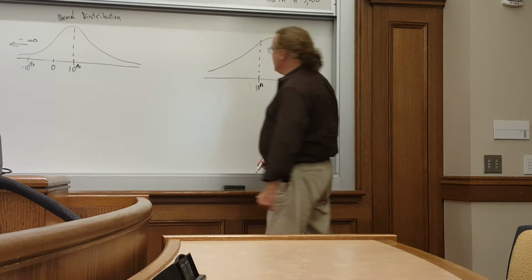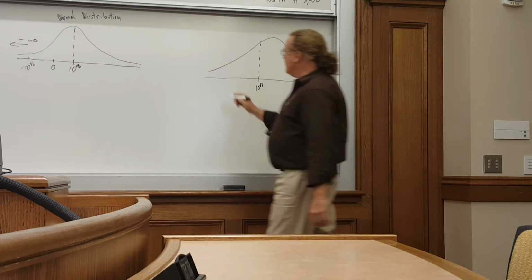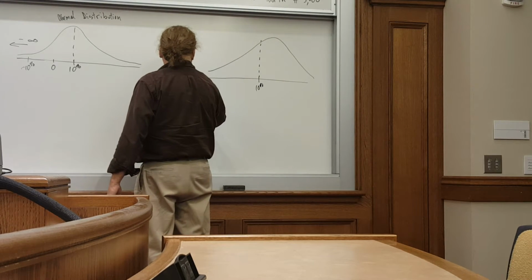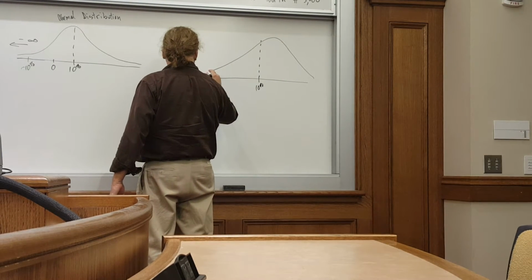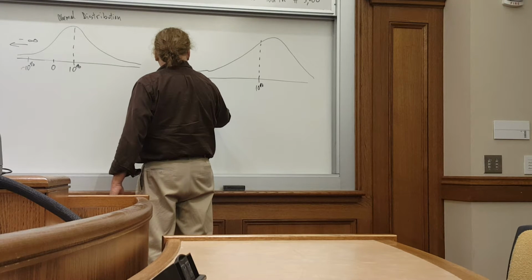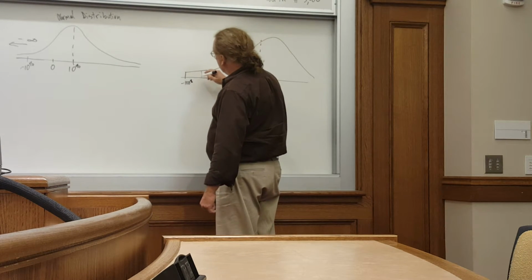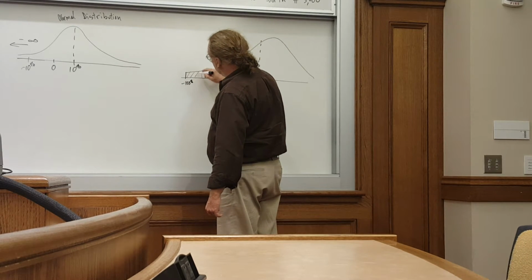And let's say the lower 5% of returns in this distribution goes out here, something like this, and this is negative 100%, so it stops there. Let's say the lower 5% are right here.